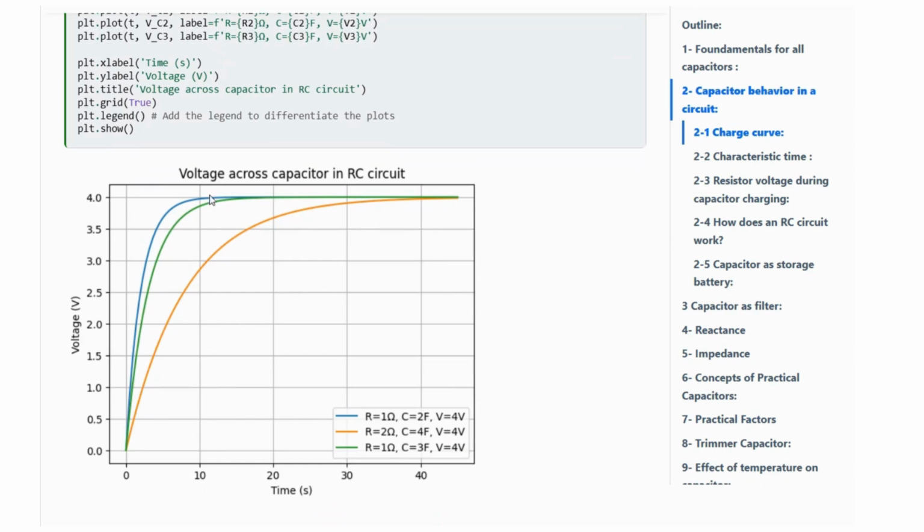In this plot, we have the voltage across capacitors in an RC circuit for different R and C values. As you see, they started from a single point, but they ended charging at different times.